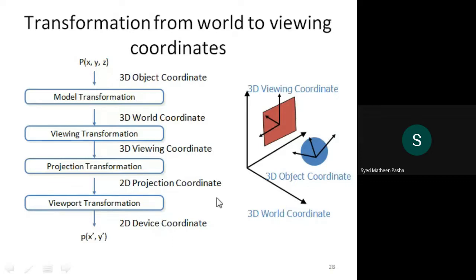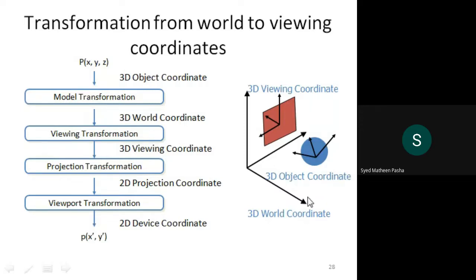Look out how these transformation outputs, that are the coordinates, are represented in diagrams. Suppose these are the 3 different planes, that is the XYZ plane, which is represented here. The first object, I can refer to this object as a 3D viewing coordinate, that is the output of viewing transformation represented in the XY plane. If you are considering this as a Z plane, the 3D object coordinate is represented here as well.